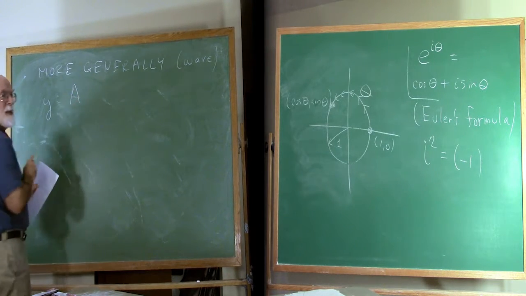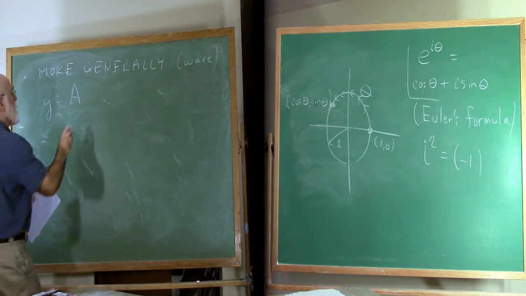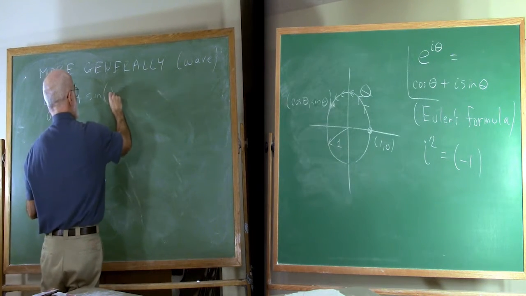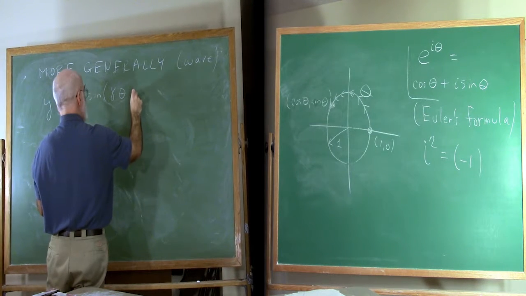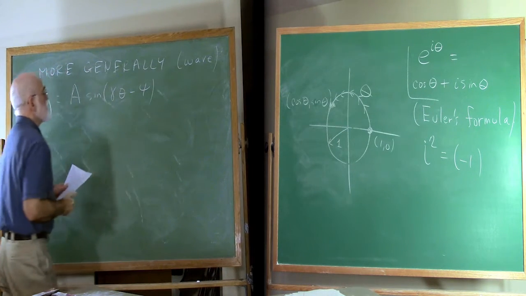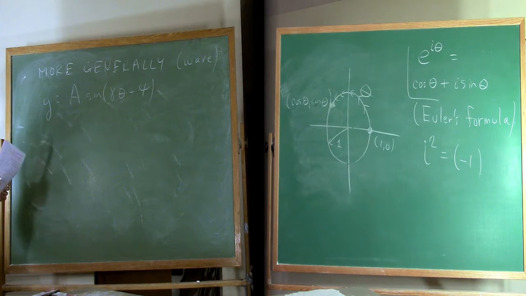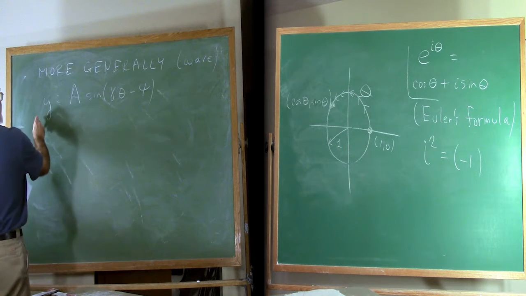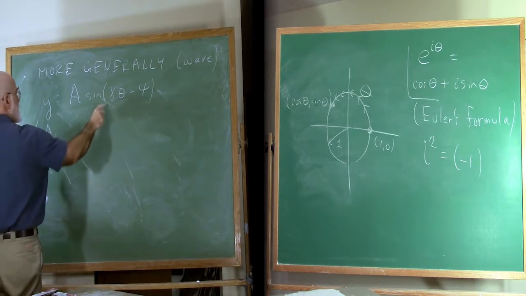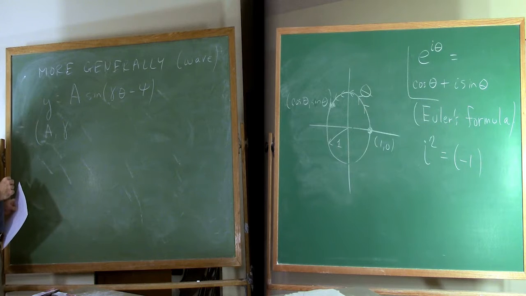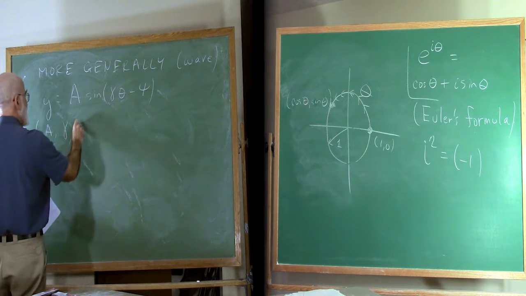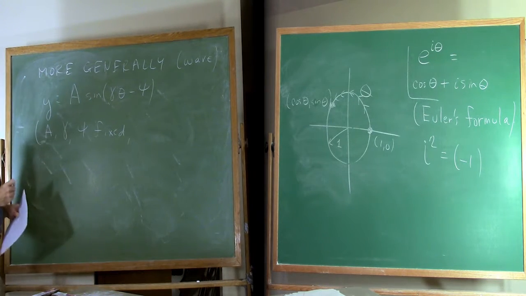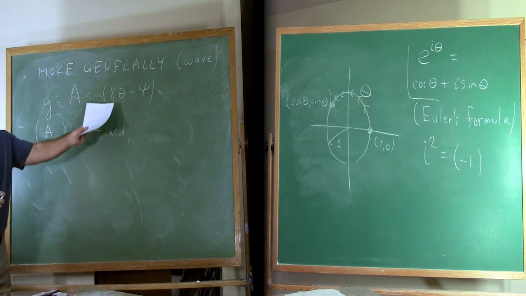Put a capital A in front, and inside the sine, I'm going to throw in some extra Greek letters. Let's see. Three of these letters are fixed. The capital A, that letter's called a gamma, I believe, and psi. For a given wave, those are just fixed numbers. Theta is the variable.